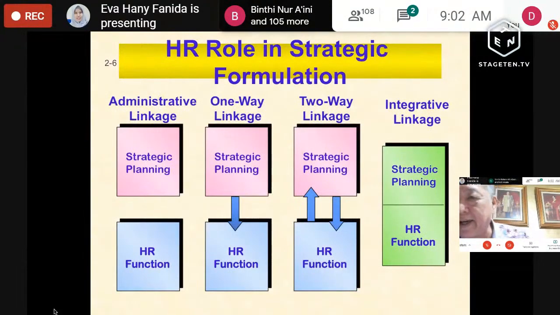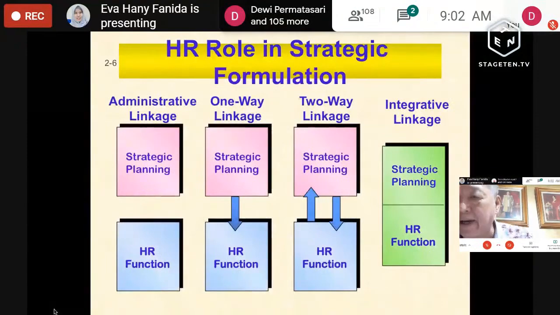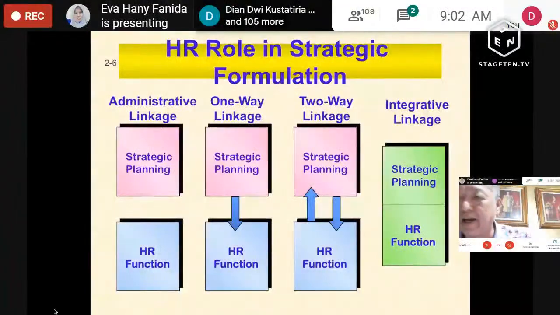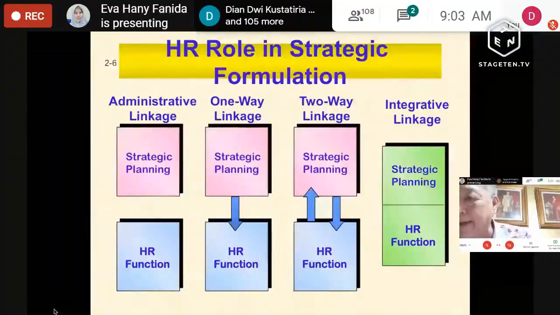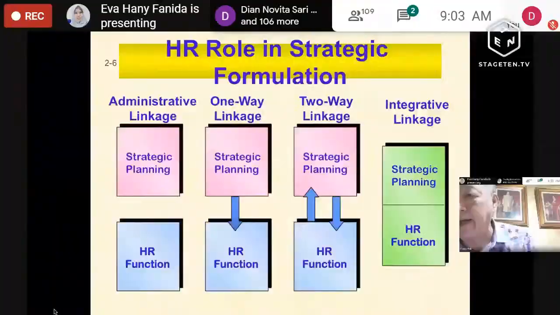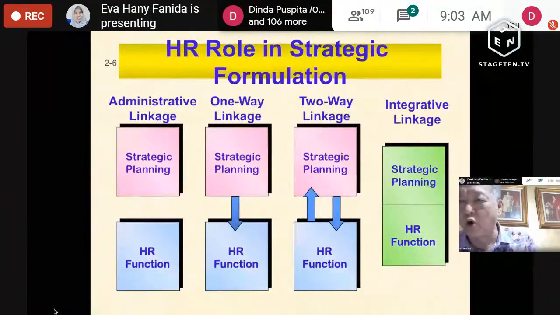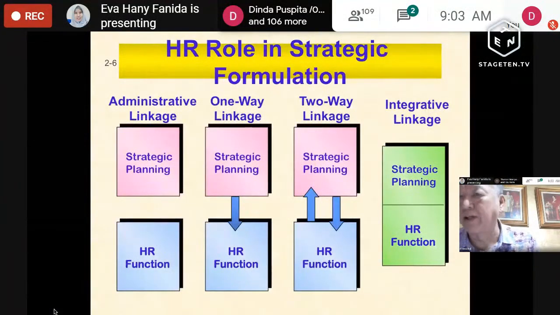The strategic planning department usually belongs to the top executive, and they exchange information with the HR department. And the last one we call integrative linkage. It is a kind of work together between the strategic planning department under the top executive and the HR function. They work closely, they work together all the time.